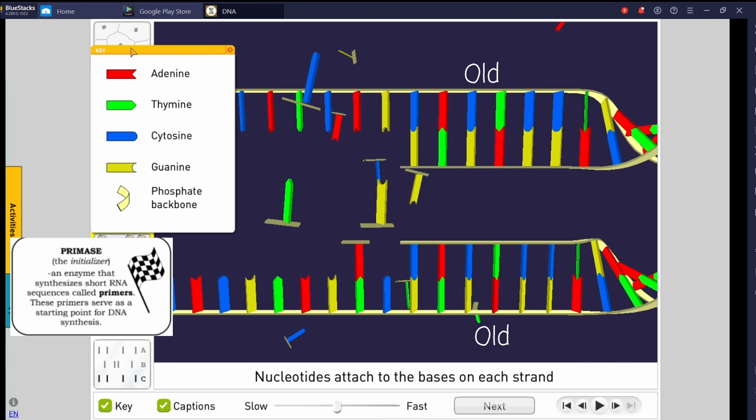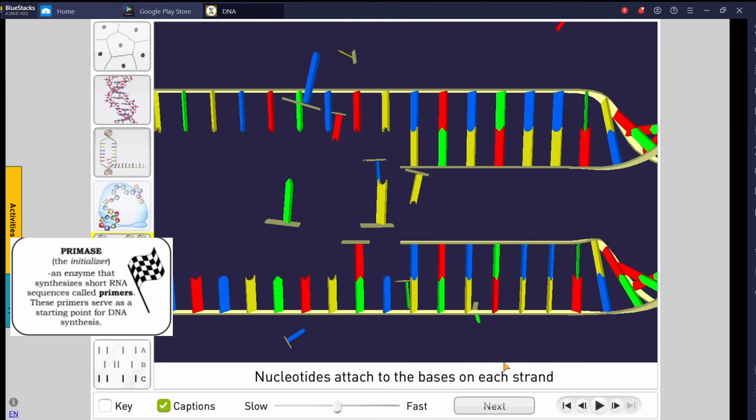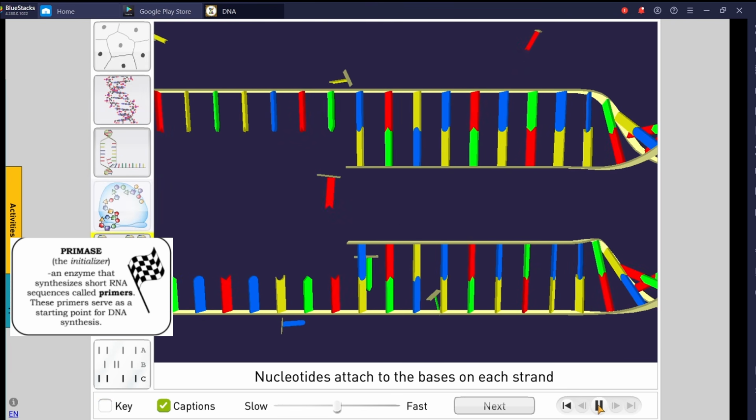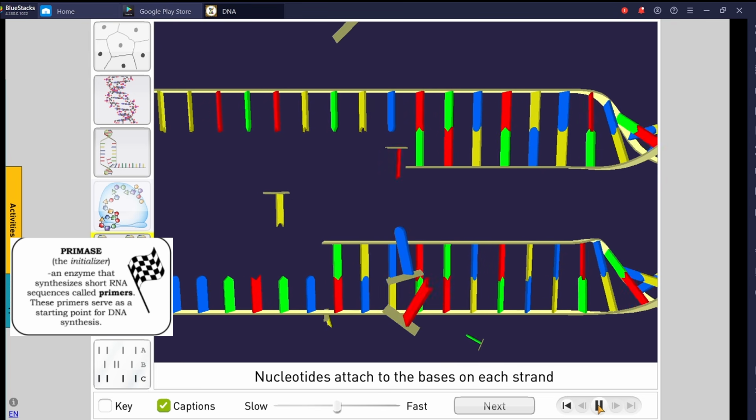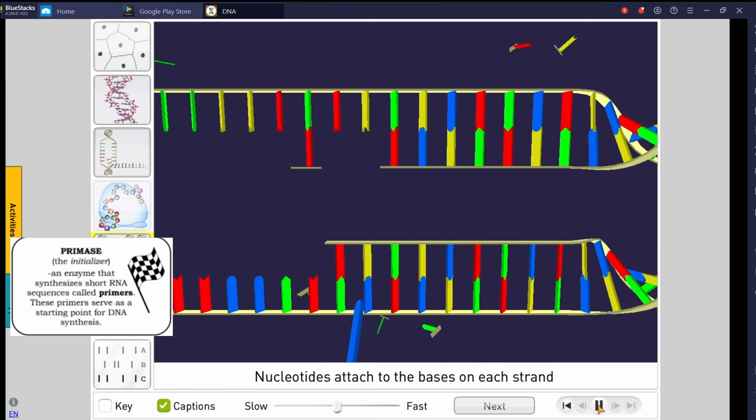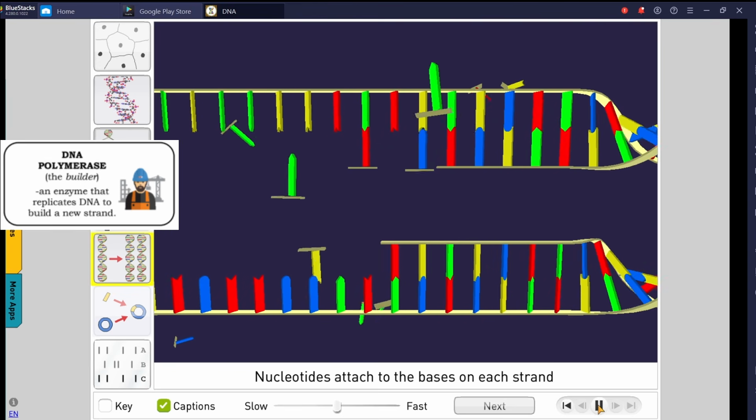So, yung nasa gitnang part, okay, so these are new strands. Ngayon, syempre, yung nagbi-build ng mga nitrogenous base dyan para maka-form ng bagong DNA strand ay yung tinatawag natin na DNA polymerase. That's why it is called the builder.